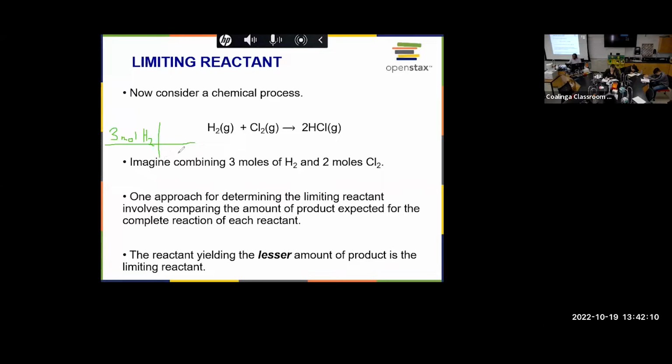We look at our chemical equation, we have a 1-to-1 ratio. 1 mole of hydrogen, we have 1 mole of chlorine.